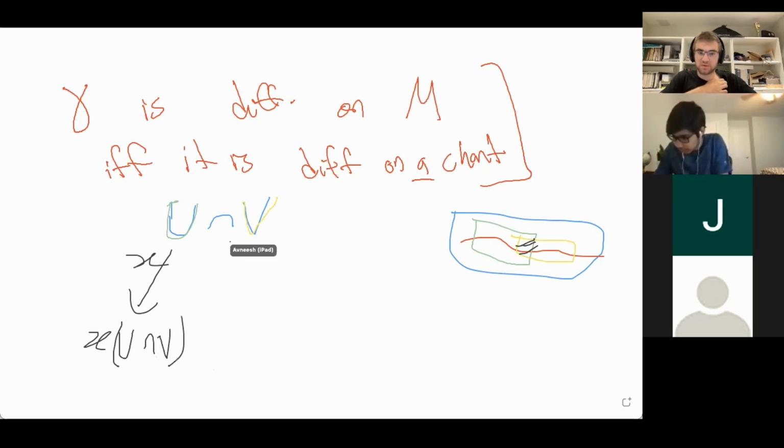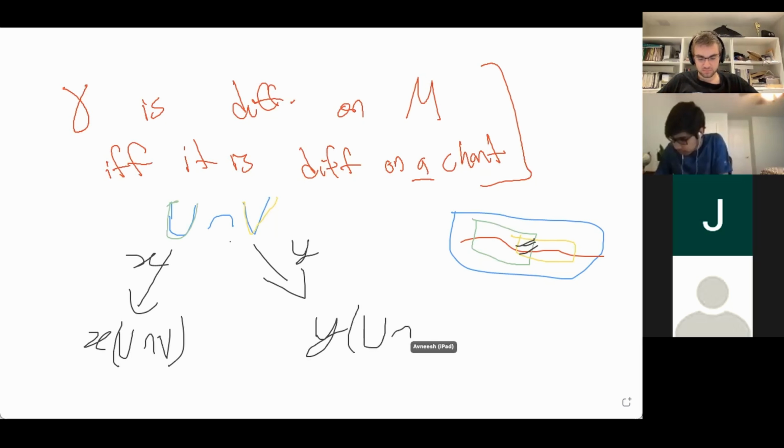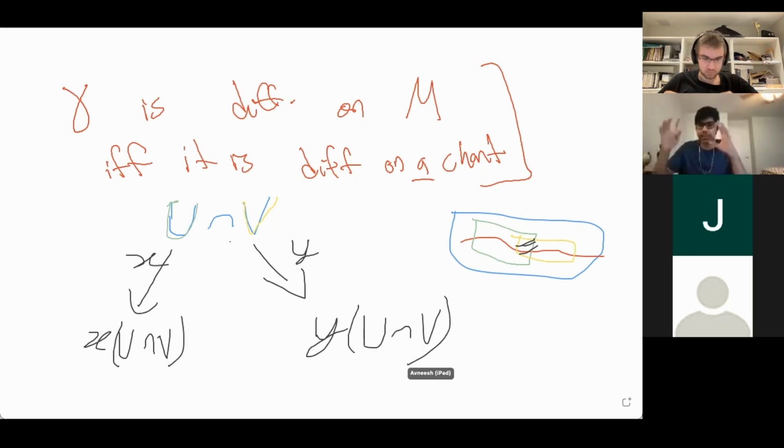Or we can use the map Y to take it to, so we're using the map X to basically understand it in the U chart, or we're using the map Y to understand it in the V chart. And that's basically what the maps do. Like they take this part onto U, which is like a Cartesian axis usually, or V, which is another Cartesian axis. That's what the X and Y do.